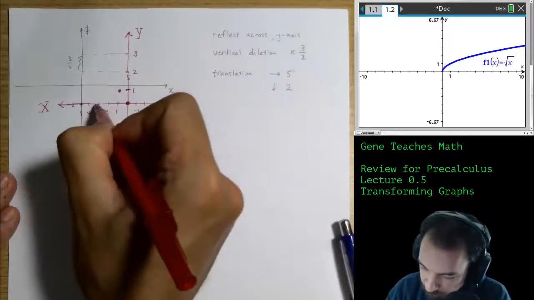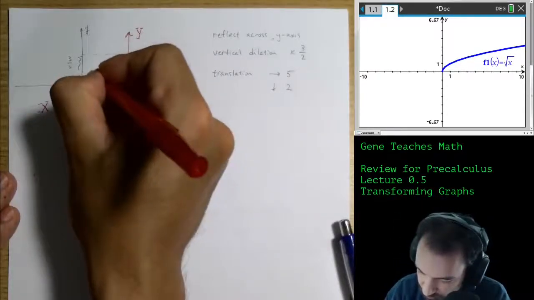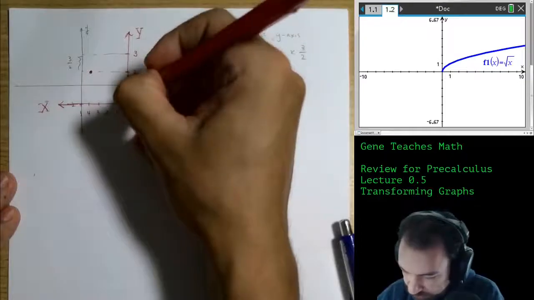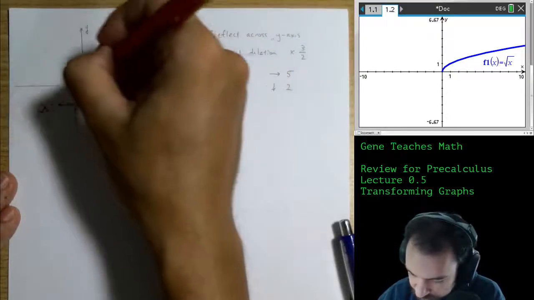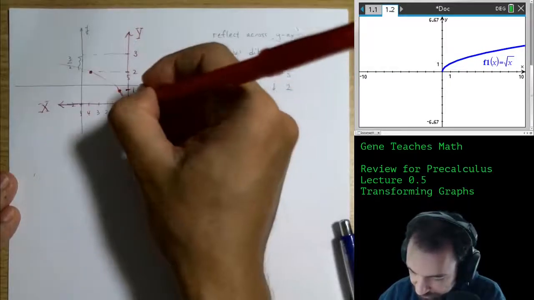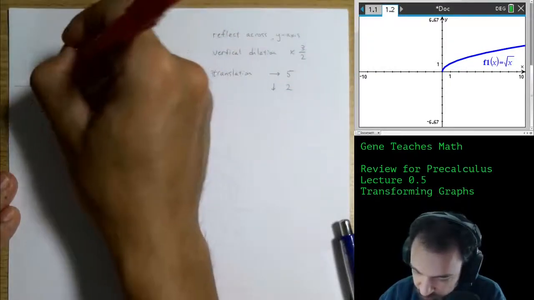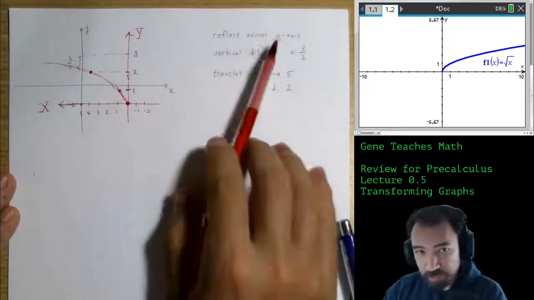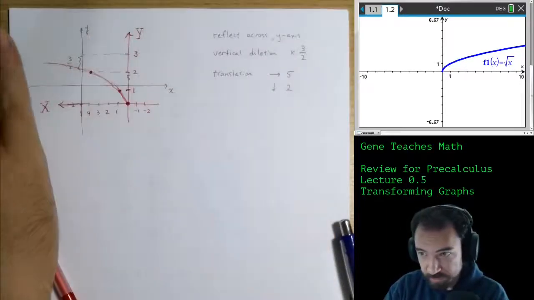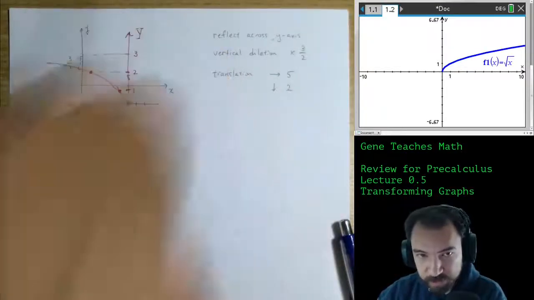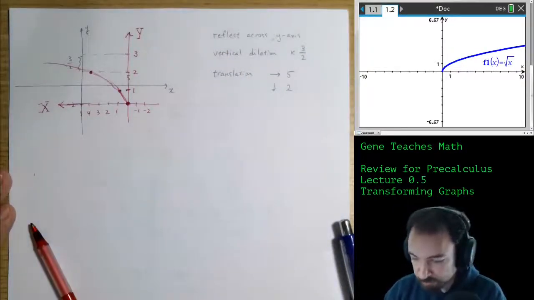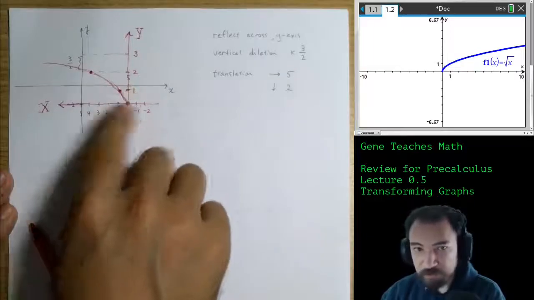So if I go 4, 2, I'm all the way up here, and if I connect the dots, something like that. Hopefully you can trust me that we've reflected across the y-axis, done a vertical dilation of 3/2, meaning we stretched it 3/2 in the vertical direction, and then moved 5 over and down 2.